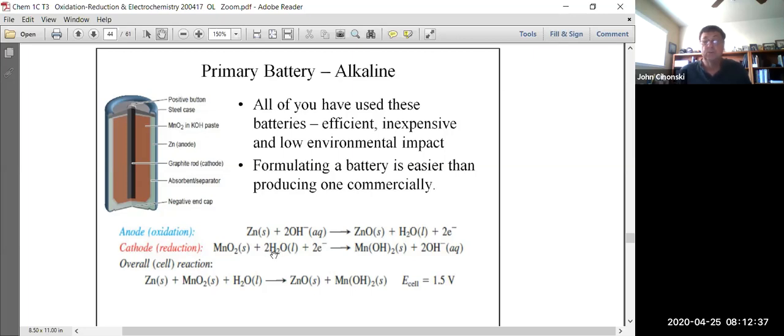The 2 waters will react with that manganese or the oxygen that comes off, and it gives us two hydroxides, which of course can go back up here and be used with the zinc, and it forms a dihydroxide, a manganese dihydroxide. So if we look at how this works, we have electrons coming off the zinc.